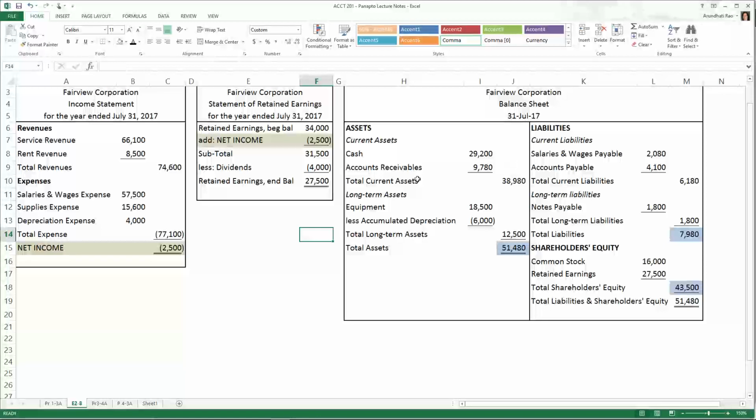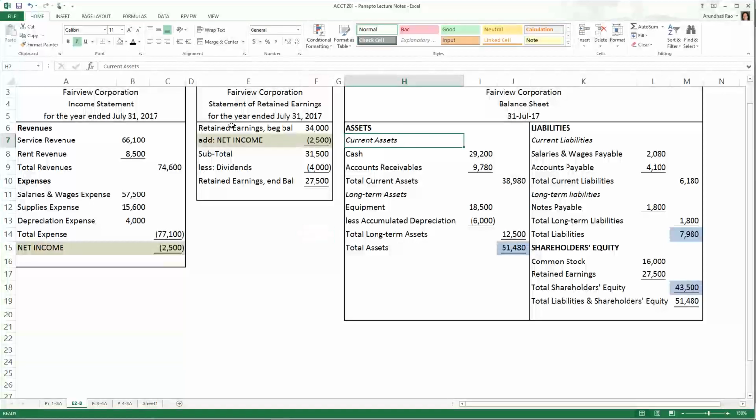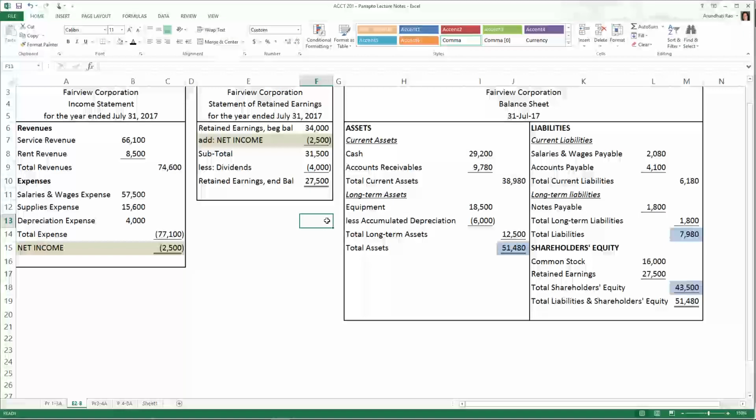So the classified balance sheet, we have listed items as current assets, long-term assets, current liabilities, and long-term liabilities. Now, something important to note again. I told you in the previous class, you could list your expenses alphabetically.